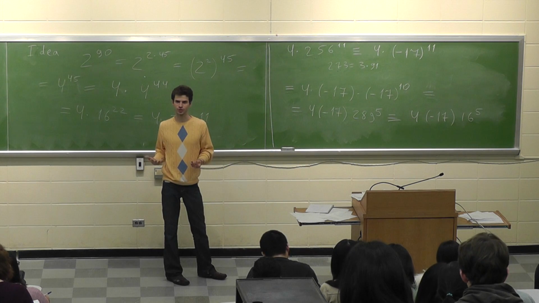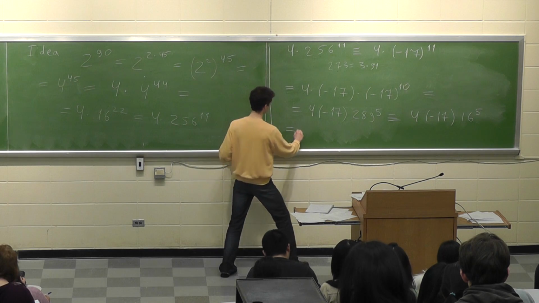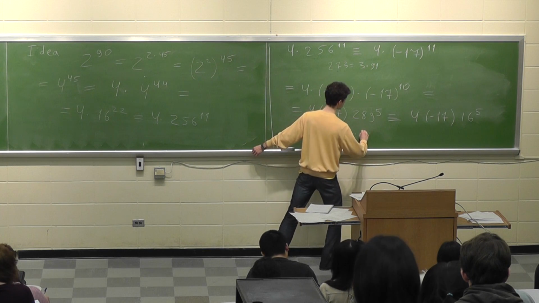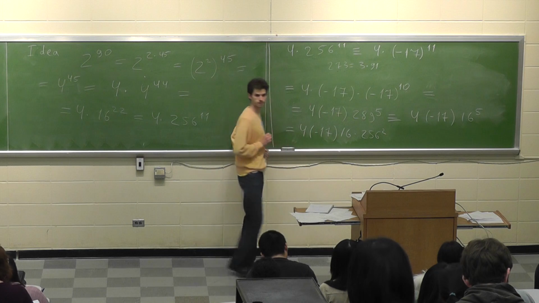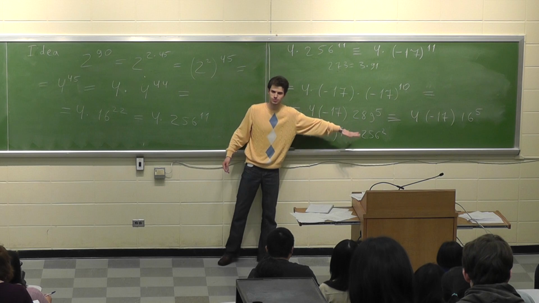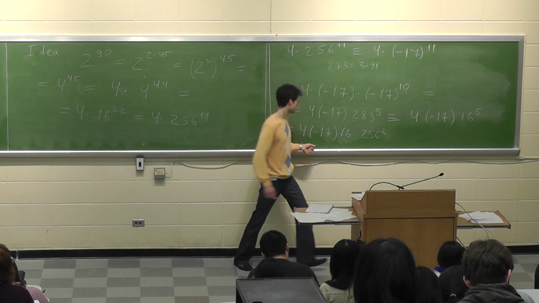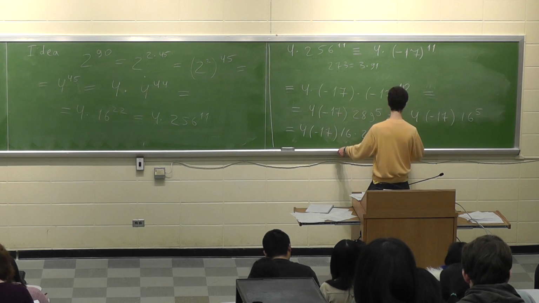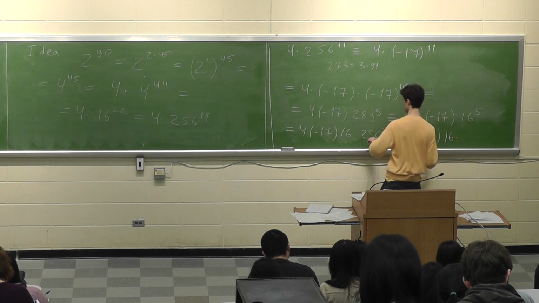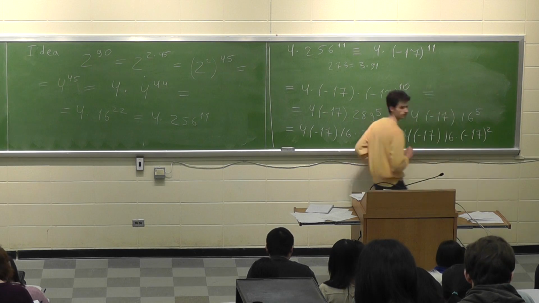Well, we have a few extra calculations which we can finish pretty fast. So this is 4 times negative 17 times 16 times 256 squared. I'm doing the same trick over and over again, but now I'm left with pretty small numbers. 256 modulo 91 we already figured out. It is congruent to 4 times negative 17 times 16 times negative 17 squared.